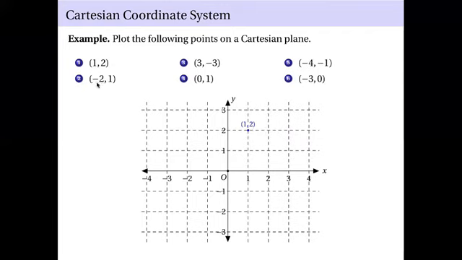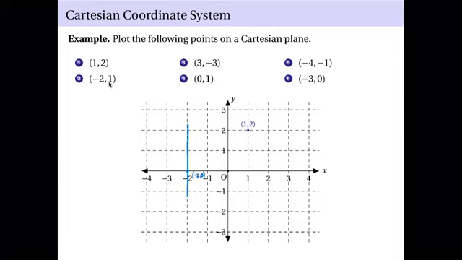Another one here, you have -2, 1. So we look at -2, 0. So this is that point here. Okay? And then, just like before, we draw a vertical line passing through that point, -2, 0.